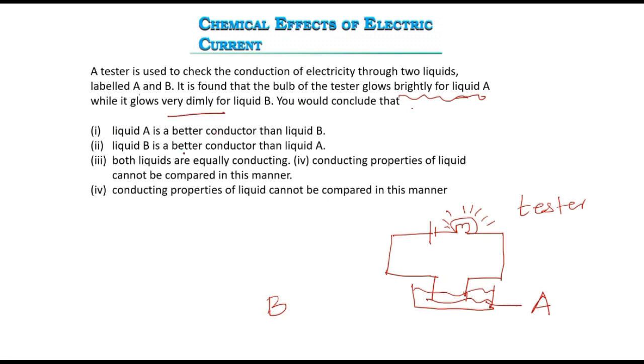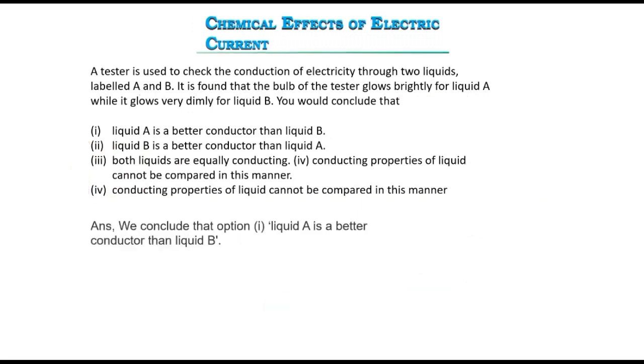So you have to conclude out of these 4 options: liquid A is a better conductor than liquid B, and this is the correct answer. That's why the glow is bright here, because A is a good conductor. Take time and read all the remaining options and find out why they are wrong, right? So this is the answer: liquid A is a better conductor than liquid B.